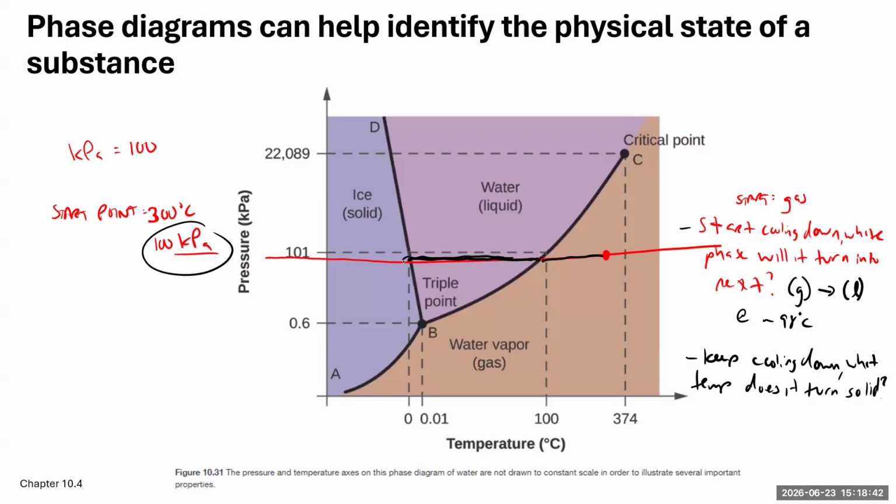So about here, that red line is where it turns into, oh, sorry, redo that part. The red line where it turns into solid might be about 1 degree Celsius.